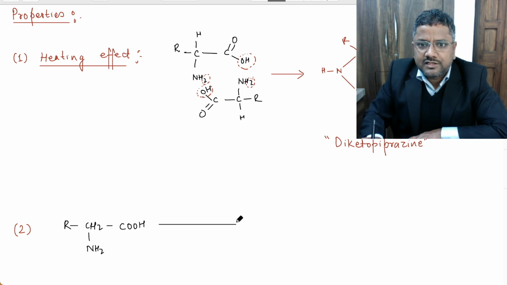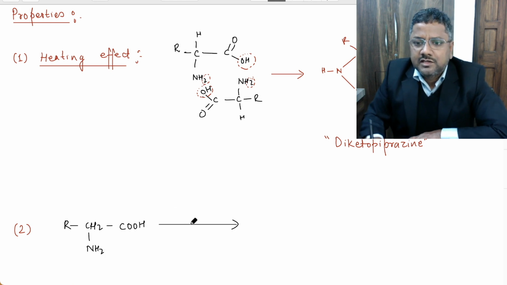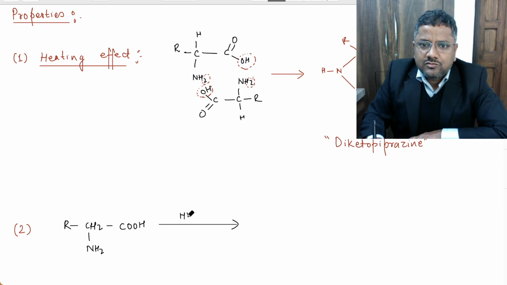So suppose that if you treat this with HNO2 or NaNO2 and HCl at 0 to 5 degrees Celsius, diazotization reaction.